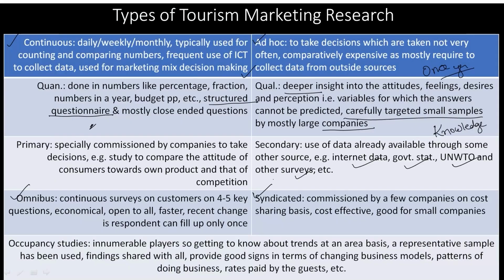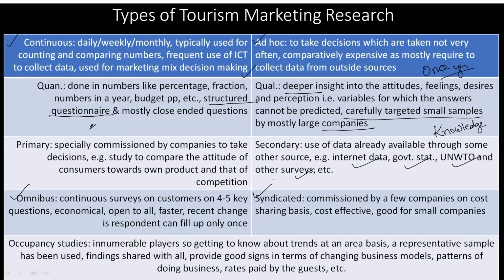So collecting information to find out the trends, what the normal budget is, how many days in advance people are booking, whether people are more walking in and then taking the booking, or booking in advance, through a travel agent or through a website or through other GDS. These are things for which it is very difficult to collect data, because there are n number of players available in the market.